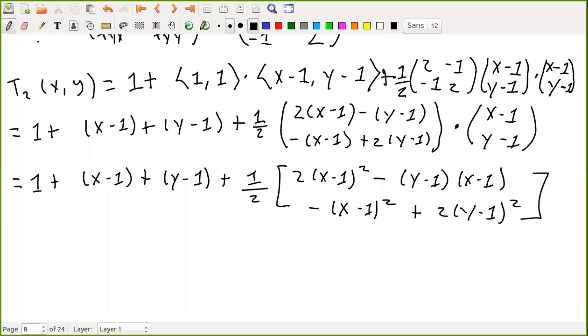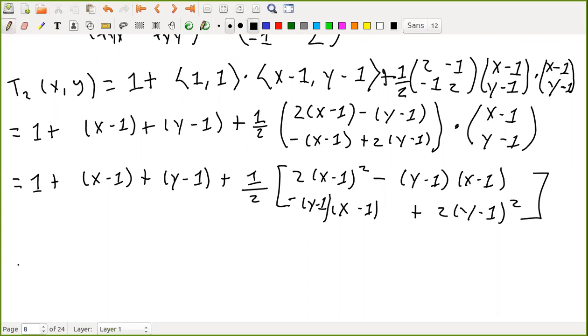Okay, and I just realized I made a mistake. I'm going to blame this on my son who's climbing in my lap. So this right here is minus (y minus 1) times (x minus 1).